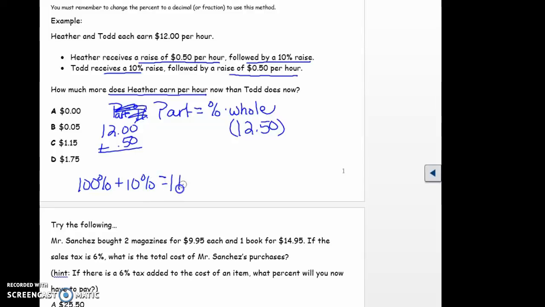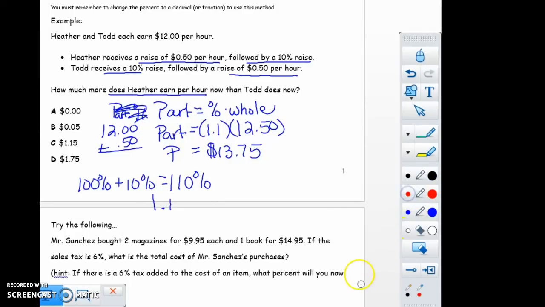That gives us a total of 110%, which as a decimal is 1.1. In the parentheses, put 1.1. That's our percent we're working with. And if you multiply those things together, you should get $13.75. That's how much Heather is now earning. Okay, change my color here so you can see Todd's.